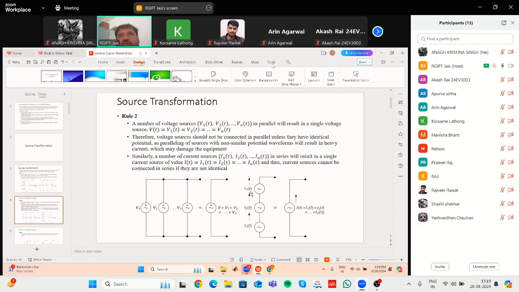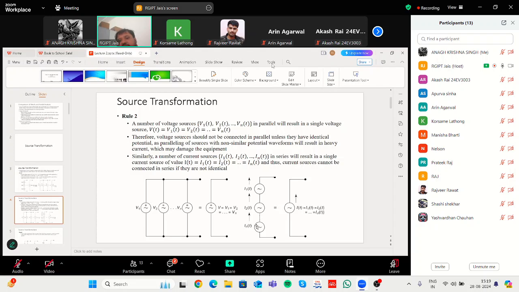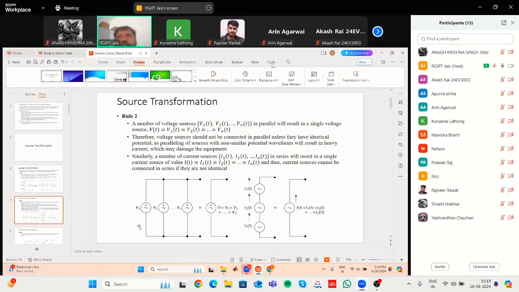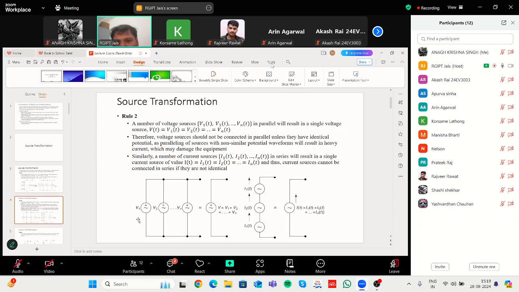Similar to this is the series connected current source. So this type of connection, voltage sources in parallel and current sources in series, is not advisable. You cannot connect like this, because some of the sources and some of the circuitry will be damaged. Is it clear?